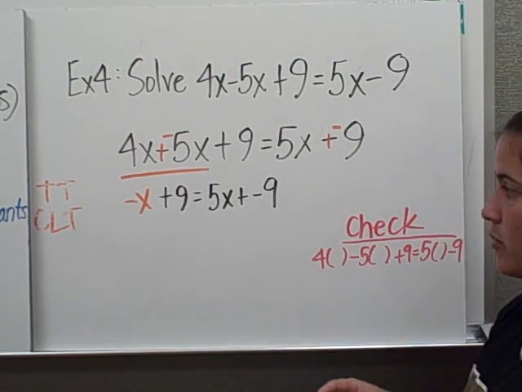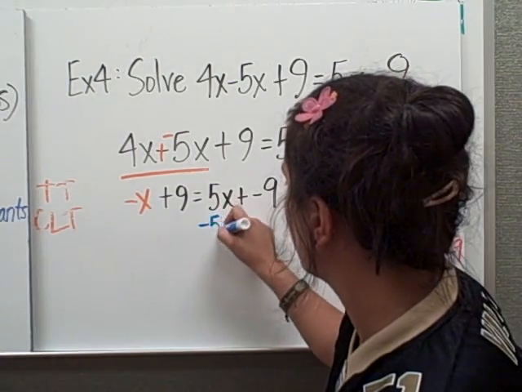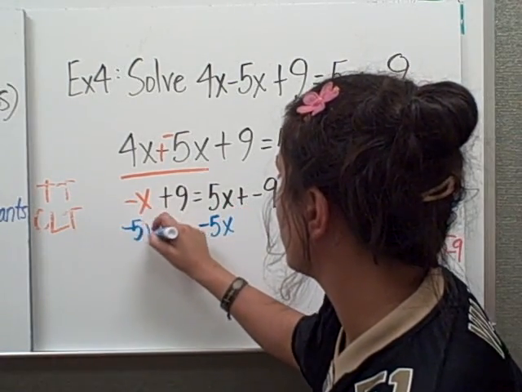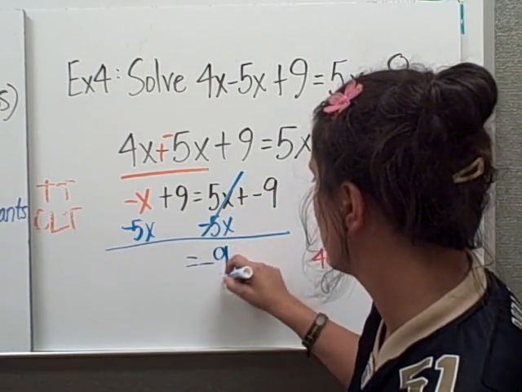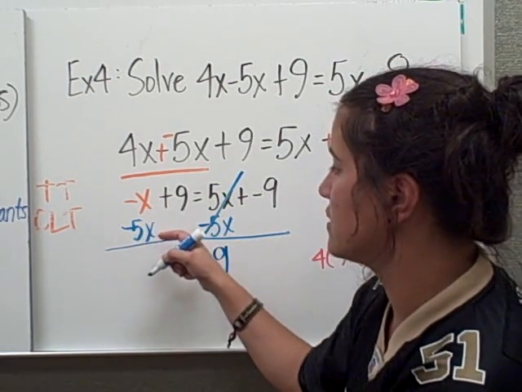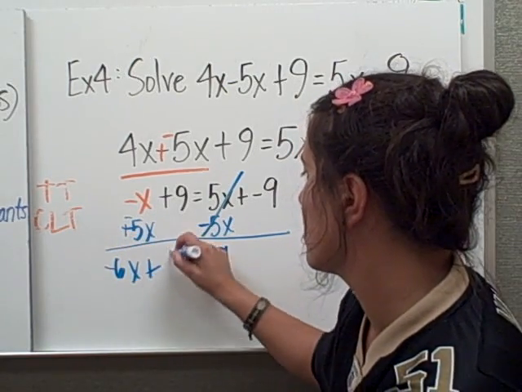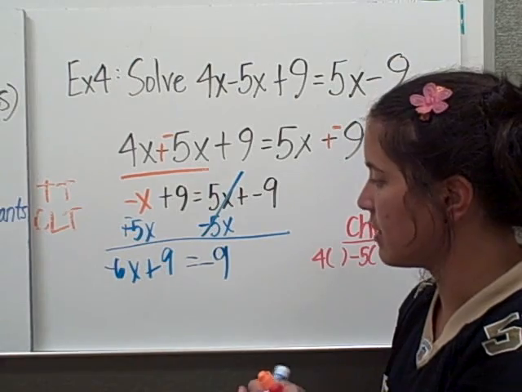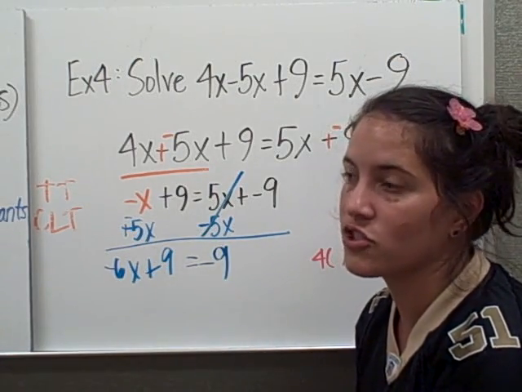I touched twice right here also. I want to move my variables over to the left. So I'm going to move my 5x over by doing the inverse of addition. -x minus 5x, if you touch this twice, that becomes -6x plus 9 equals -9. I want to move my constant 9 over, because remember, constant is just a number.